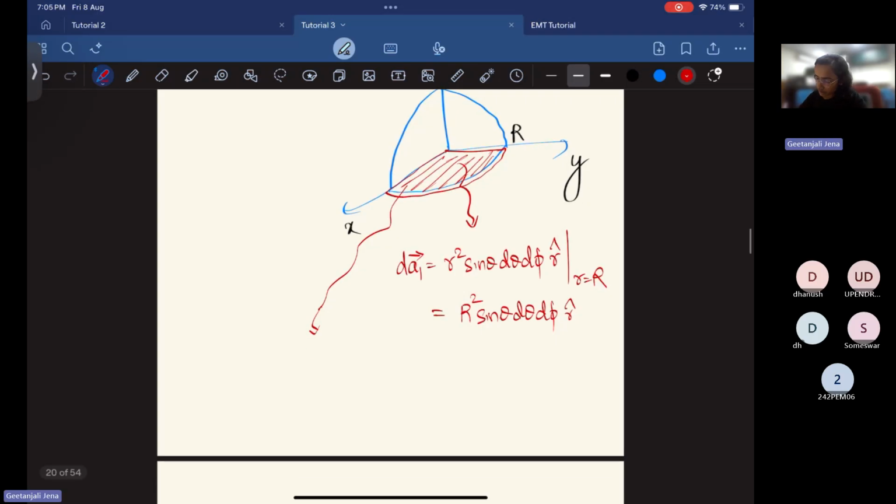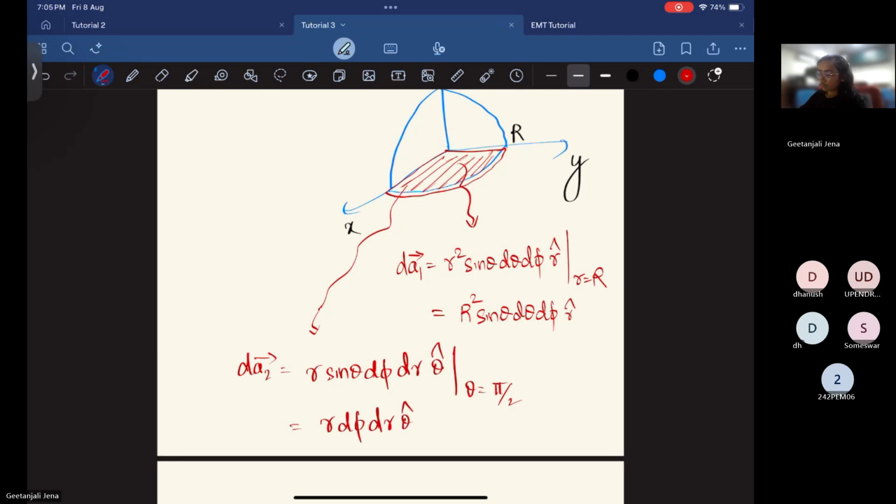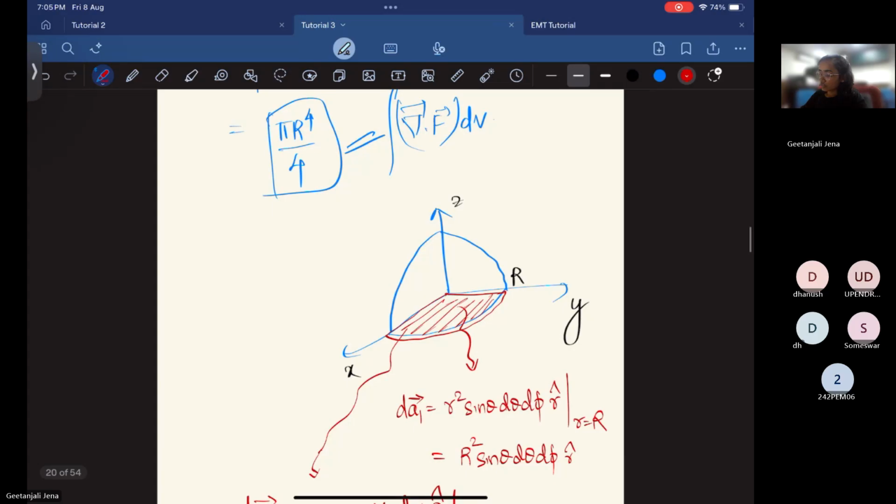So for this surface dA2, we have r sine theta d phi dr in the direction theta cap, where theta is pi by 2. So this will give r d phi dr theta cap. So is this clear?